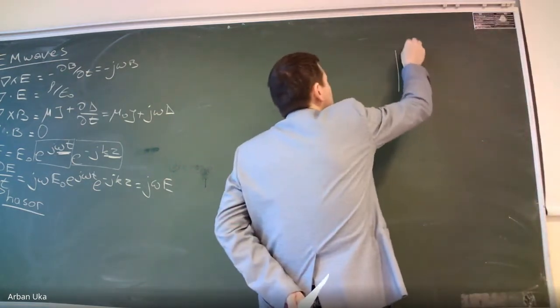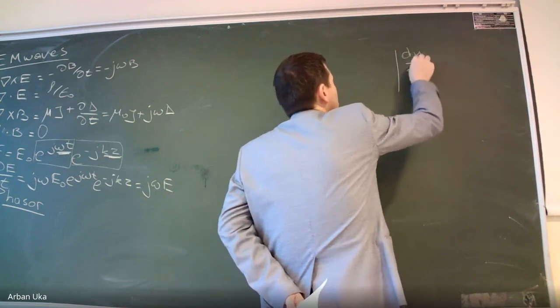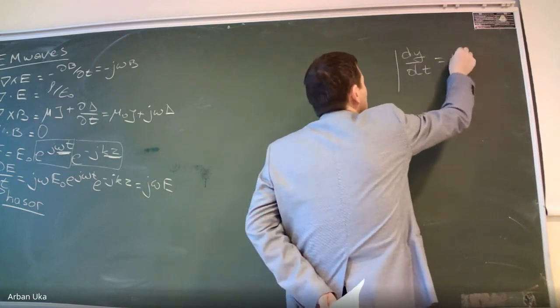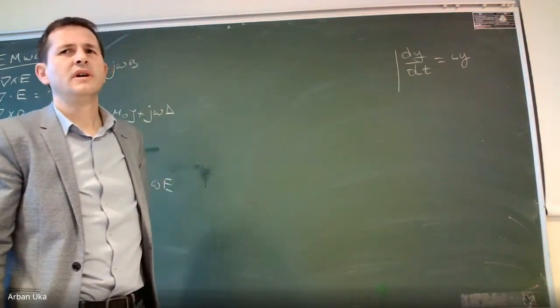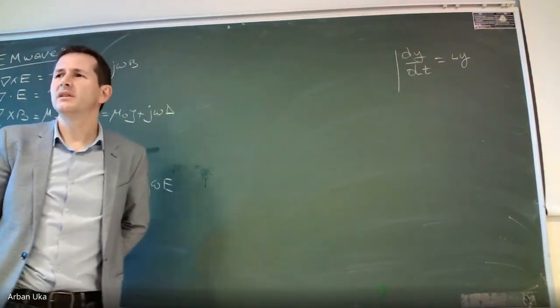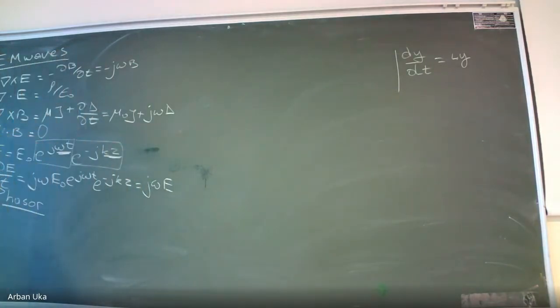So we can have, for example, dy over dt is equal to 4y. This is a first order differential equation. Whenever we integrate, this is trouble, because once we integrate, we should be very good experimentalists to figure out what the constant of integration is. This is a huge problem in science.